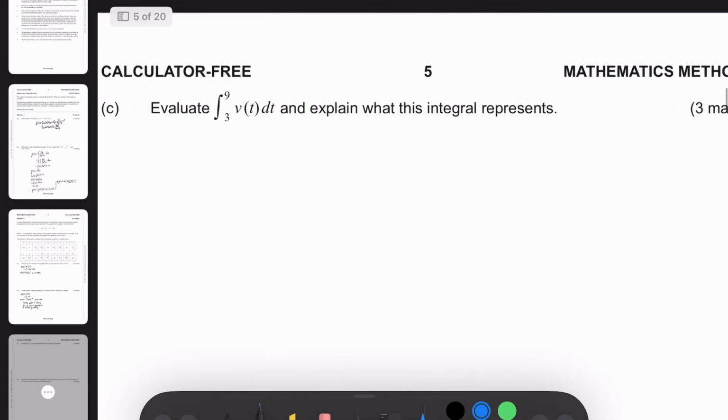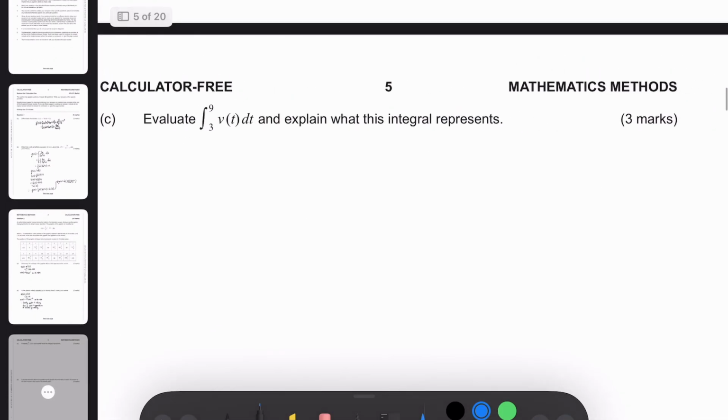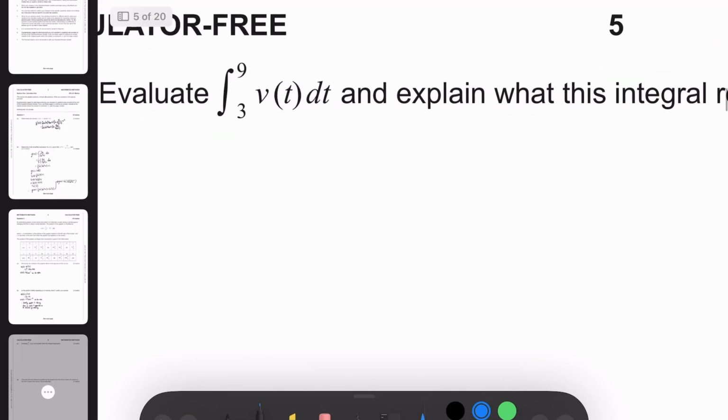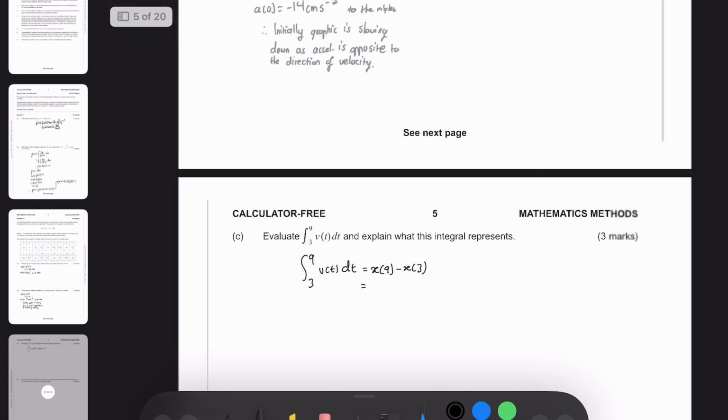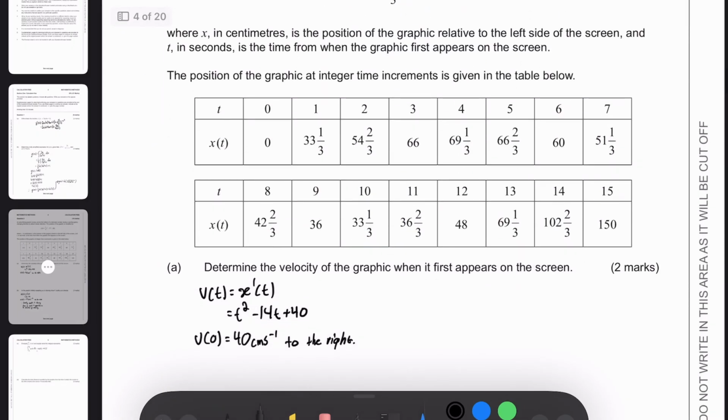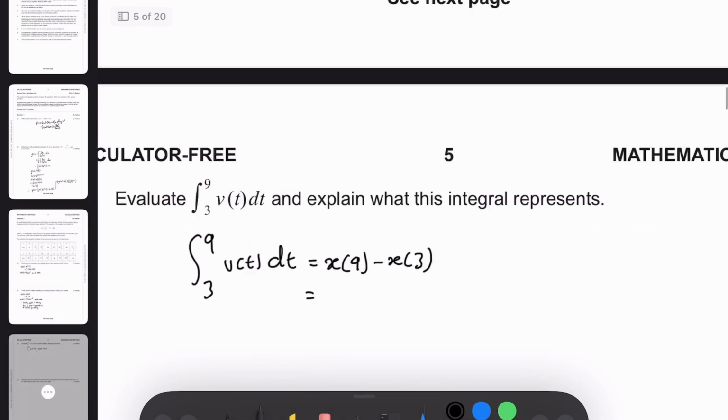Moving on, evaluate this integral and explain what the integral means. Okay. So, oh, I'm in blue now. If we put this into here, v of t dt, we know that the integral of a velocity is just going to be the position. So this is actually going to give us x of 9 minus x of 3. Now let's see, x of 9 is 36.